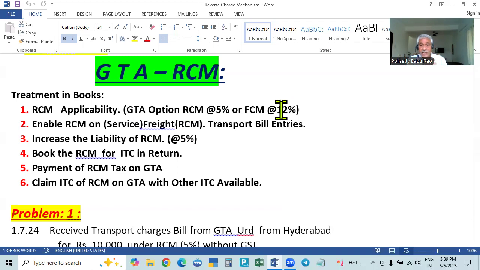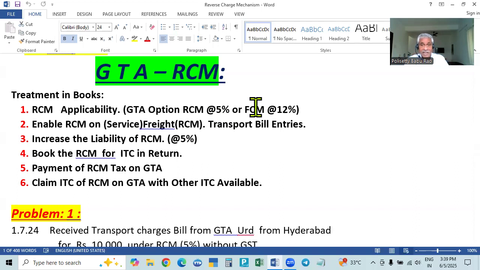But for both, input tax credit available, so eligible for input tax credit in both the cases, we have to say yes. That is the only setting we have to make in the transport charges. One we name as freight charges, RCM. Another one we create as transport charges, FCM, forward charge mechanism, or simply forward transport charges we can give. So in that we make the setting.